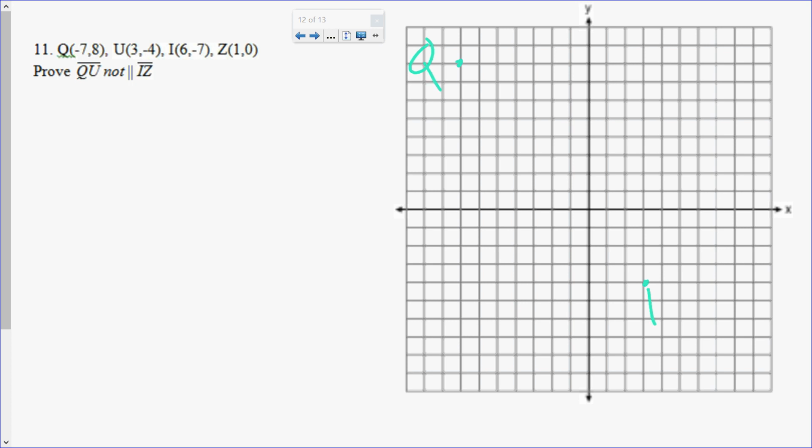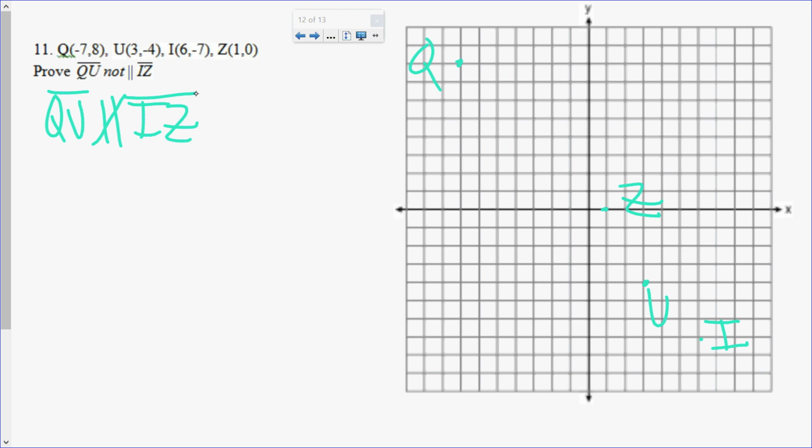Q, U, I, Z. It wants me to prove that QU is not parallel to IZ. So the symbol for not parallel is parallel with a little line slash through it. If they were parallel, they would have the same slope.